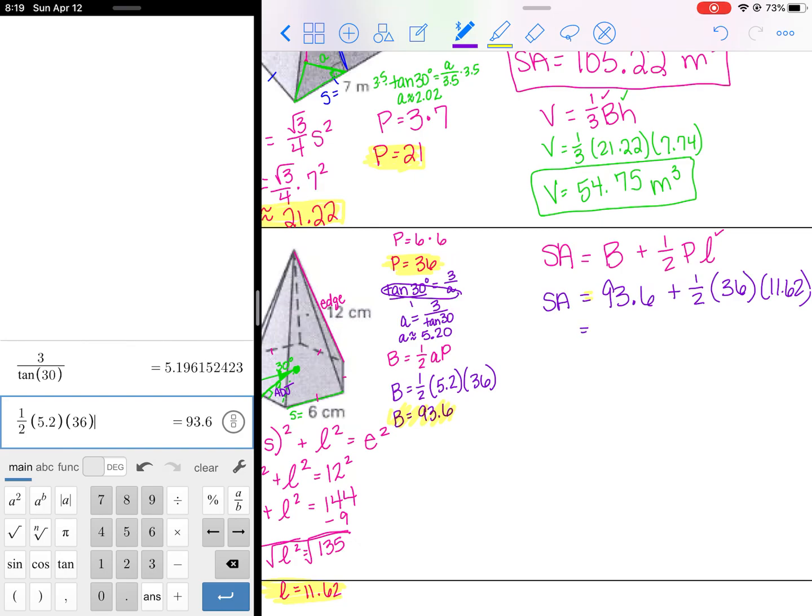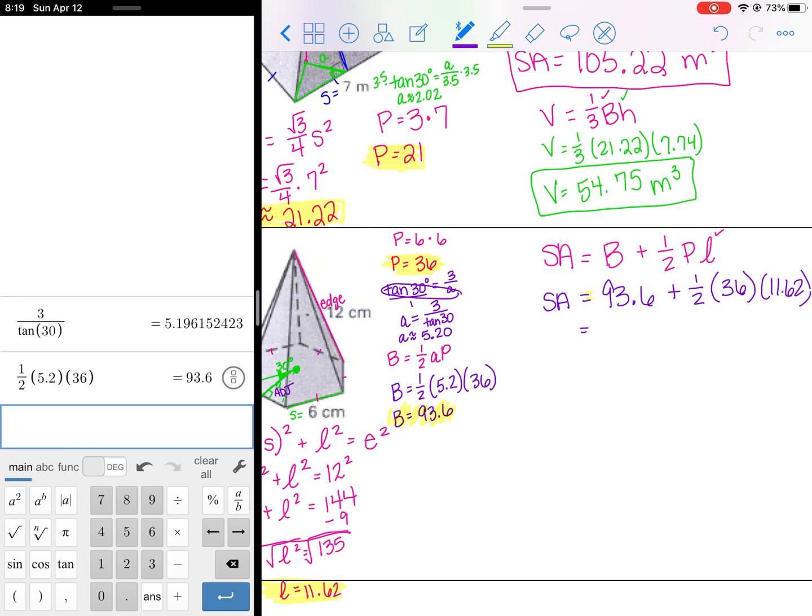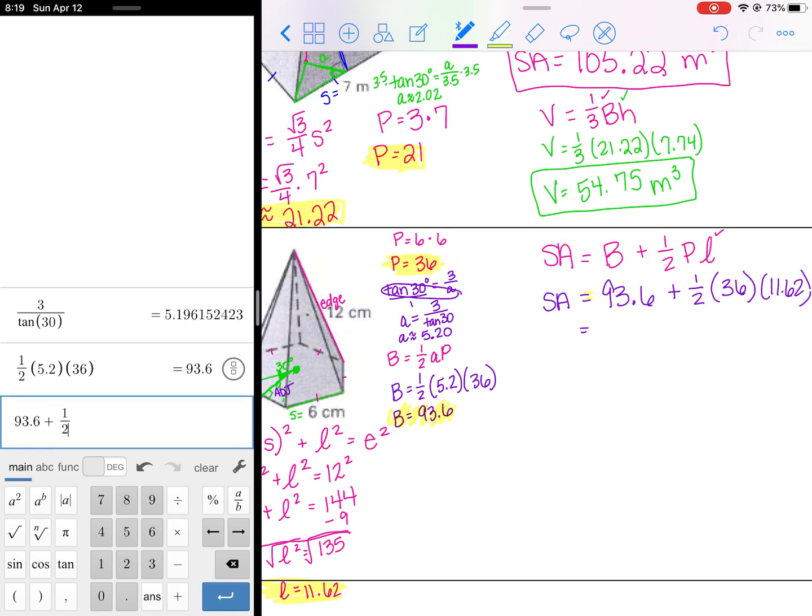Now I'm going to plug this into my calculator. So 93.6 plus 1/2 times 36 times 11.62. And that gives me my surface area of 302.76. And that's going to be in square units. So that'll be square centimeters.